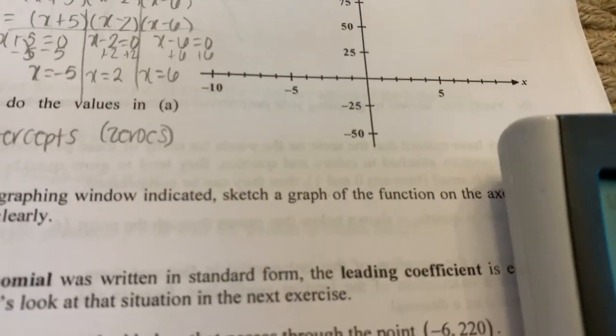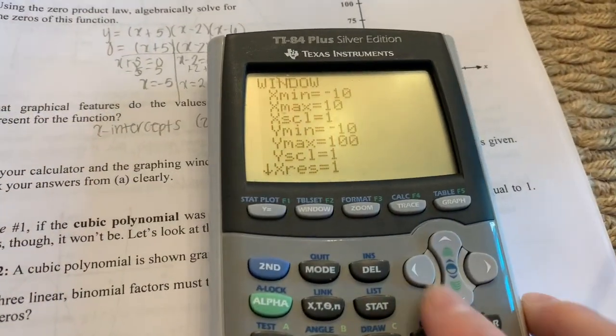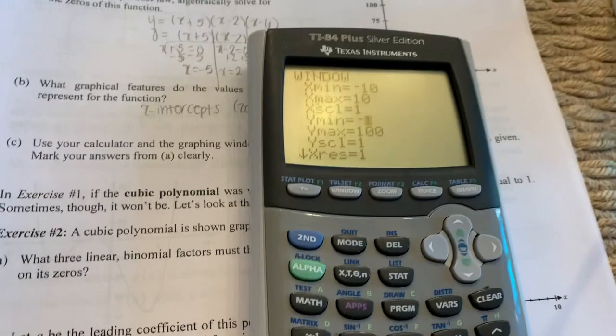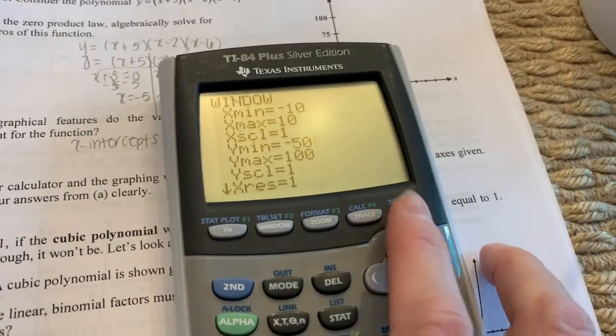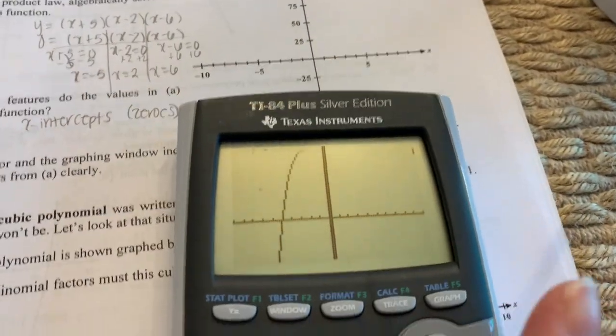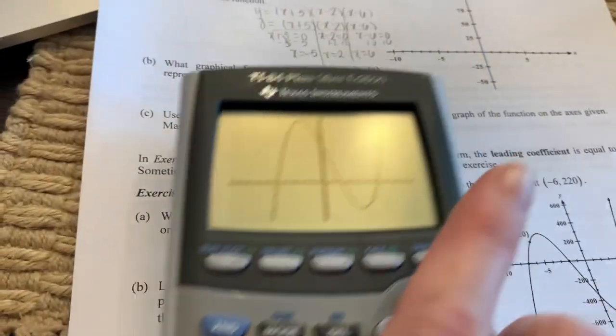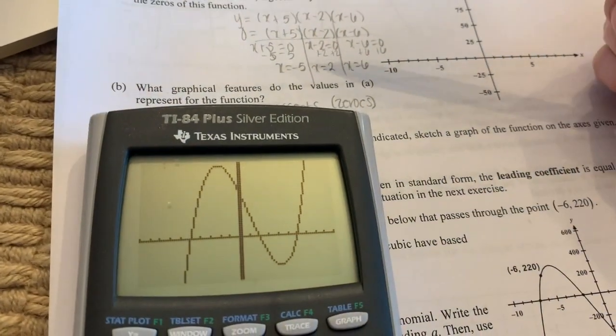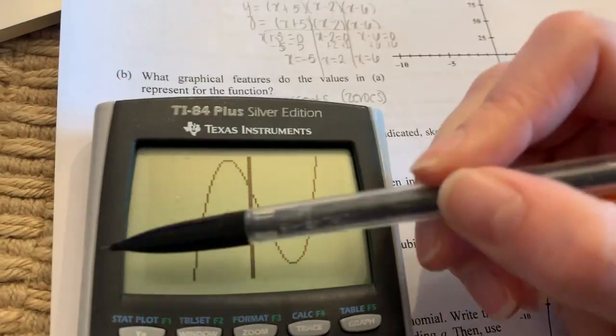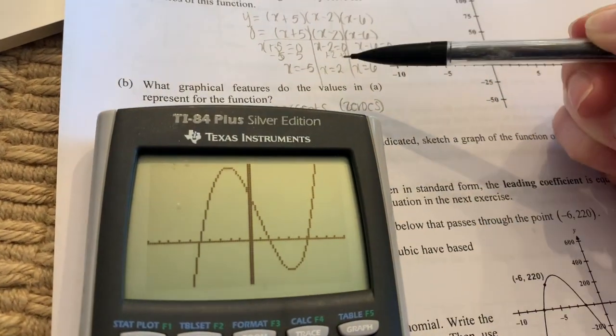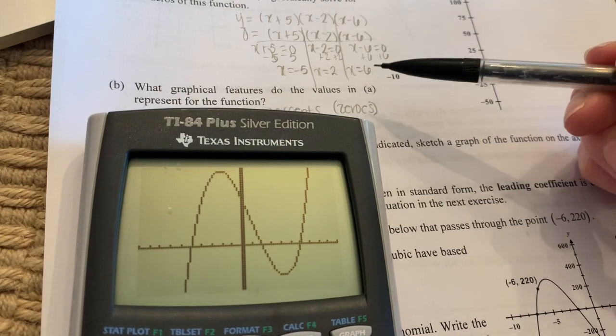And my y min should be negative 50. Okay, negative 50. And now let's see if we can see our graph better. Ah, there it is, right? As you can see, the zeros that we just found, negative 5, 2, and 6.